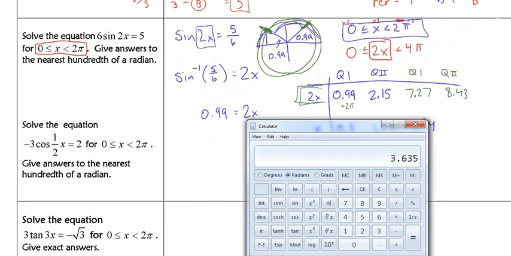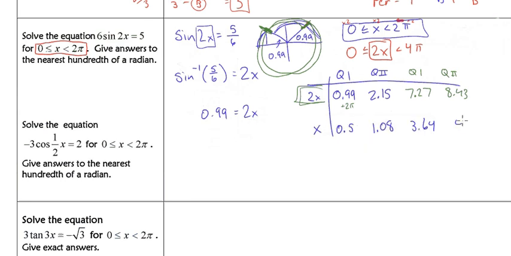And 8.43 divided by 2 is 4.22 radians. And so those are our answers. That's what x can equal.